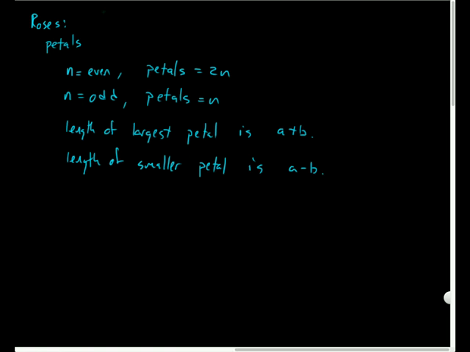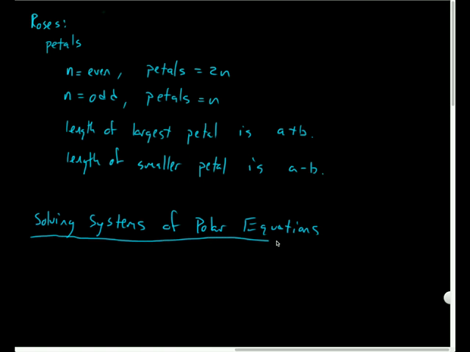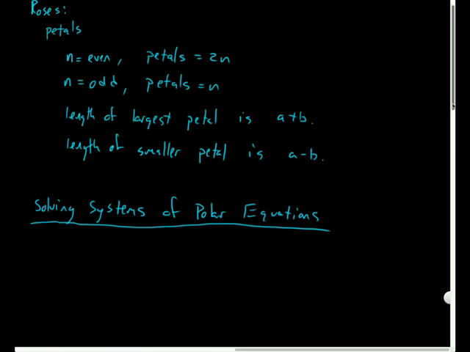Let's see, the next thing that I want to do is solving systems of polar equations. So in this case, we're actually going to be looking at 2 equations at the same time and trying to figure out where do they intersect, where do they occur at the same time.